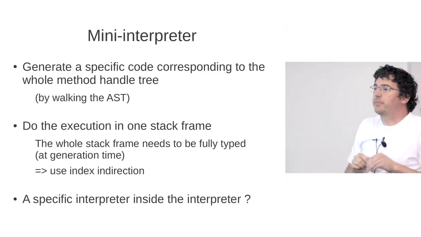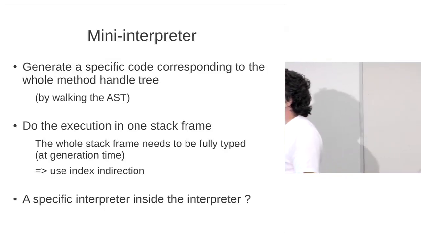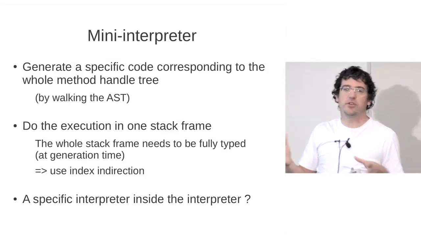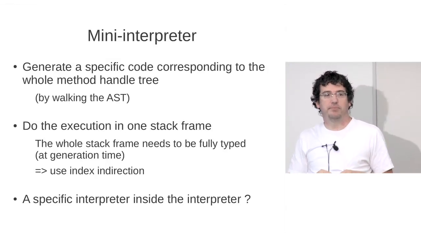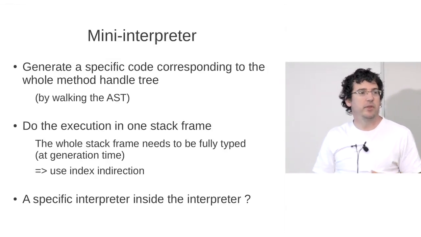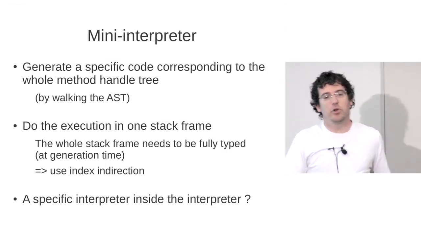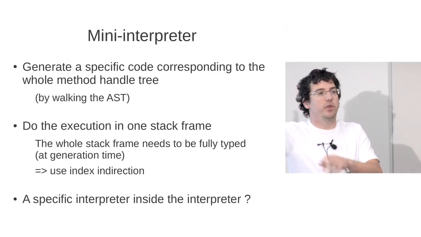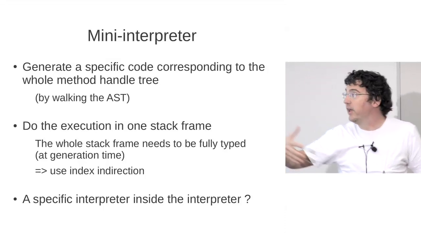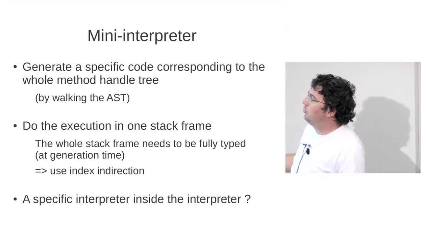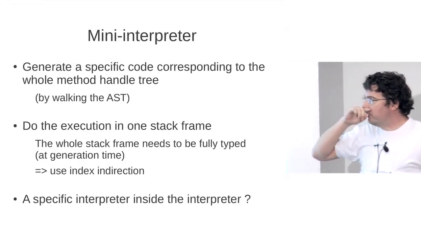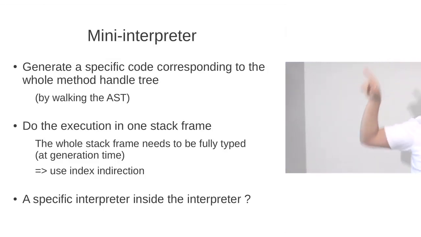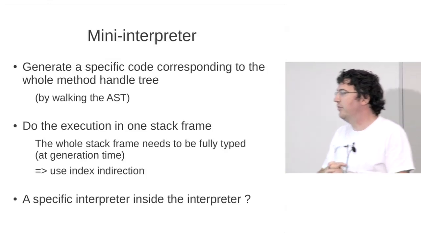This stack frame is a little weird. It's not a classical stack frame, because when you call a method, the stack frame is defined by the arguments that you use, and here you have to know the arguments that the whole method tree will need to have.